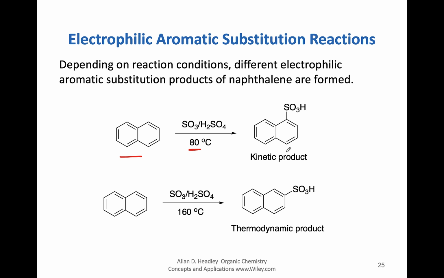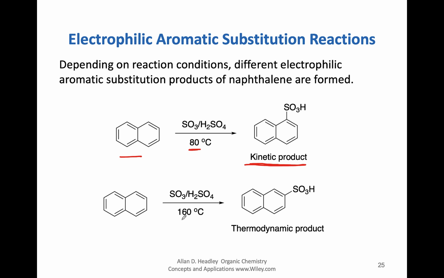And then that goes on to give the product. We call that the kinetic product, because that's the product that results from a low temperature, meaning that you just supply enough energy to get to the energy of activation for the more stable intermediate.